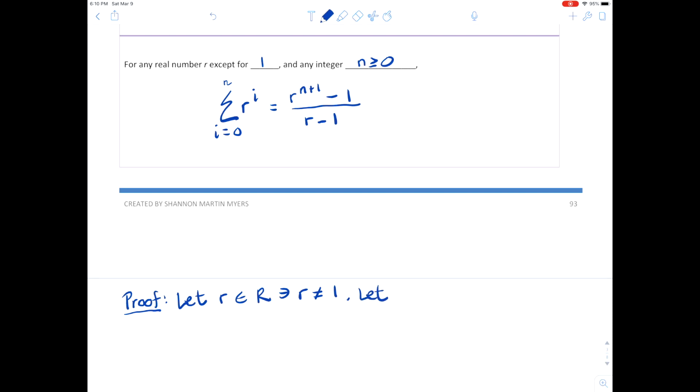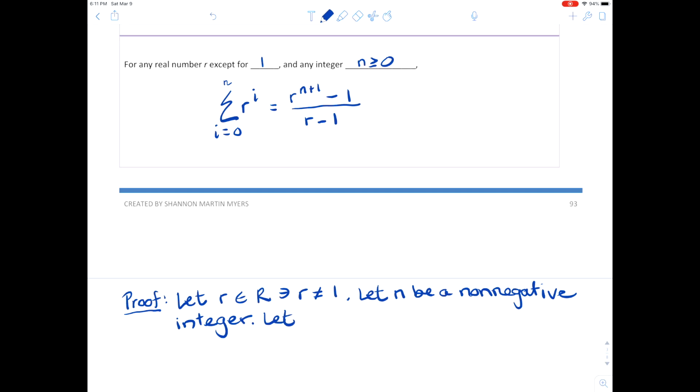And we can let n be a non-negative integer, which takes care of including 0.